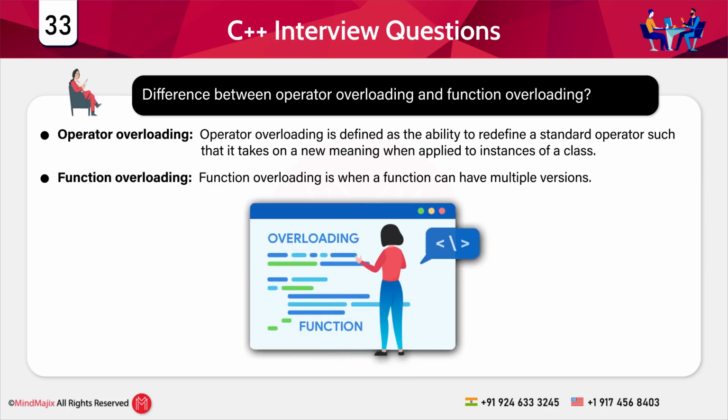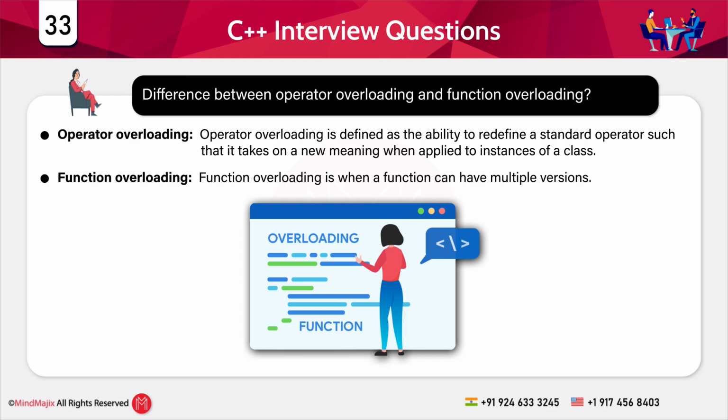Operator overloading is nothing but the ability to redefine a standard operator in such a way that it takes on a new meaning when applied to instances of a class. Function overloading is used when a function can have multiple versions and a function's signature varies, indicating that it has a different set of parameters in each iteration.